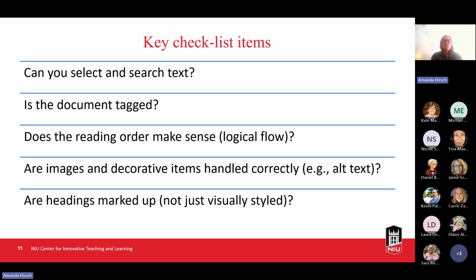And screen readers often navigate documents by jumping between headings, so that proper heading markup is going to make it a lot easier to move through the longer documents. A practical tip is to use the accessibility checker or accessibility report in tools like Adobe Acrobat Pro early in your workflow. Running those checks can quickly identify some common issues like those missing tags or alt text before the document is shared with our students.